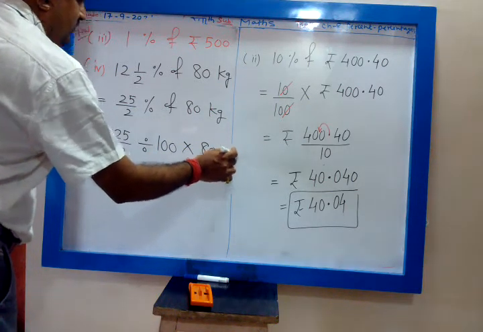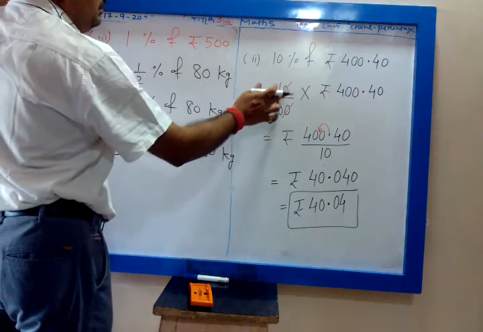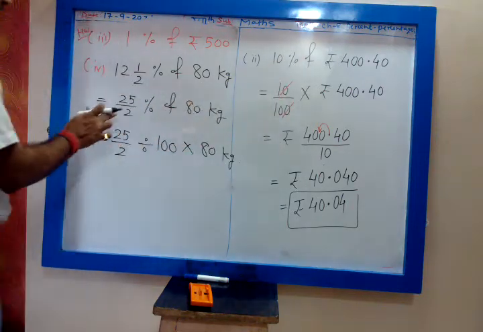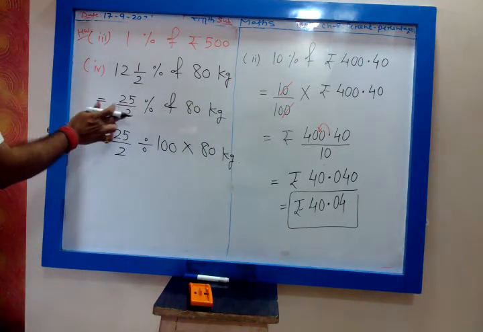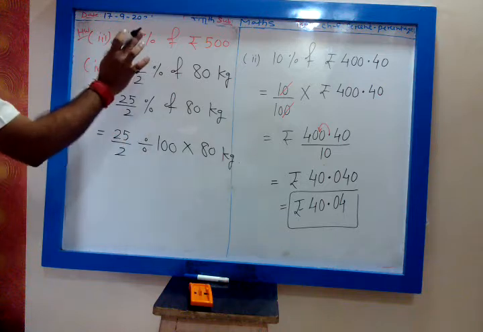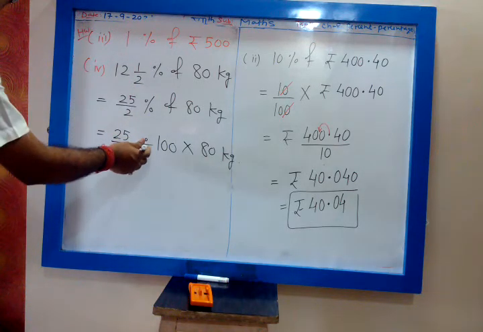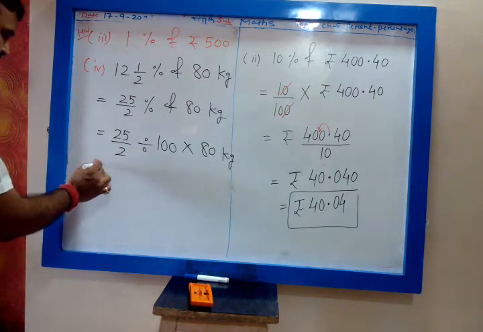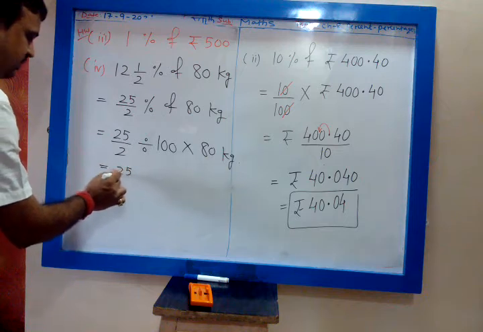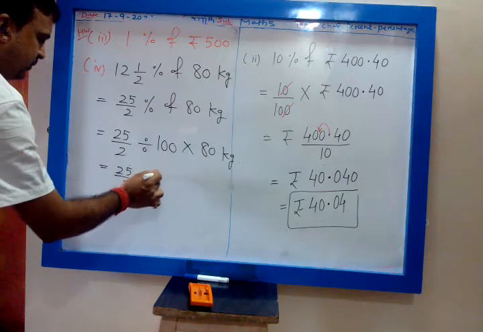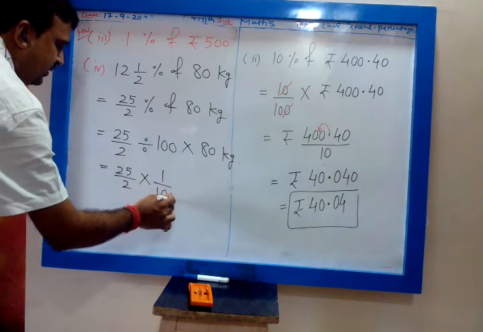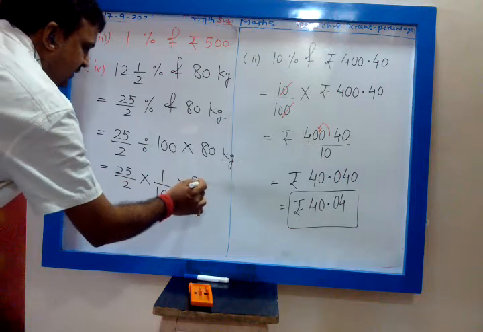So remember this, when you divide by 100, the percentage sign is removed. Now we convert division into multiplication, so we take the reciprocal of 100: 1 upon 100 into 80 kg.